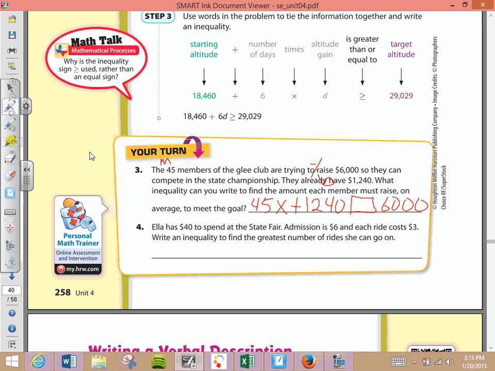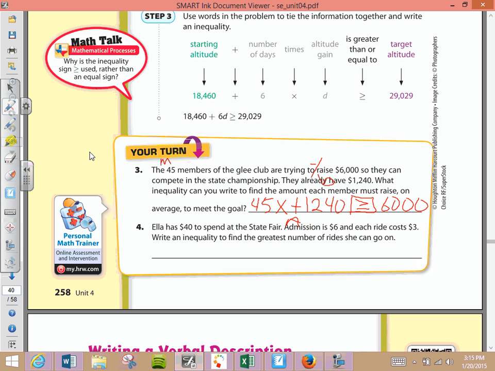They're trying to get to a certain point, greater than or at least 6,000. Yes, it has to be at least 6,000 or more, right? So they have to reach that $6,000 mark. That means whatever you get from side A has to be greater than or equal to 6,000. Are we all following? Good.